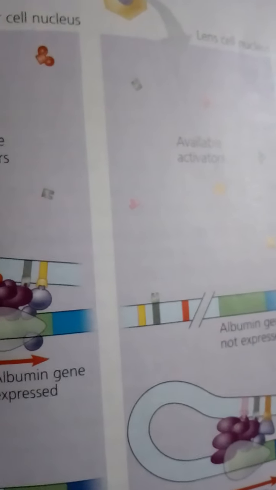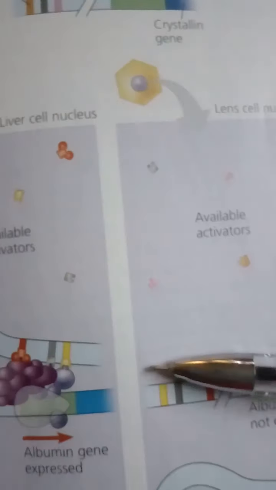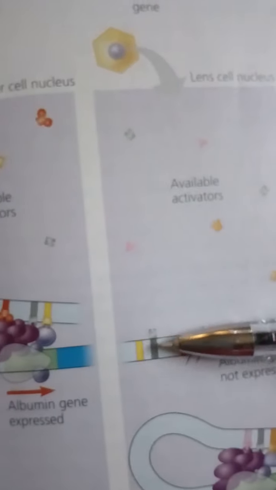In this example, the genes for the blood protein and the crystallin are shown at the top here, each with an enhancer made up of 3 different control elements. Although the enhancers for the 2 genes share some control elements, each enhancer has a unique combination of elements.